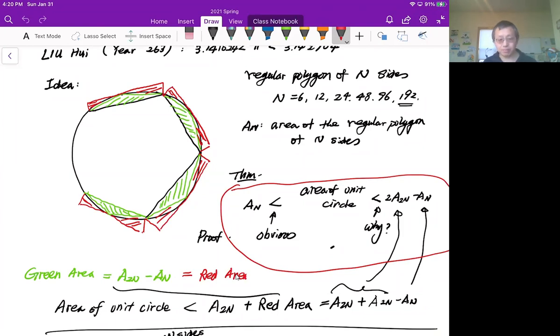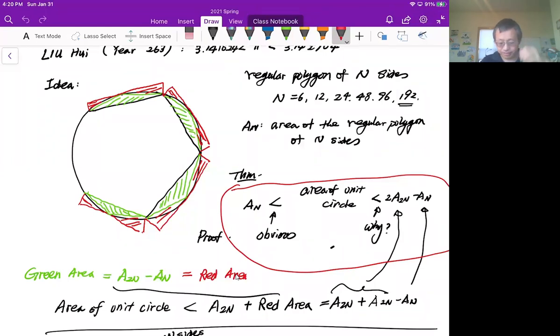But how do I estimate that? You can do it in the following way. What's the green area? The green area is A_2n minus A_n. Why? Think about that for a couple of seconds.